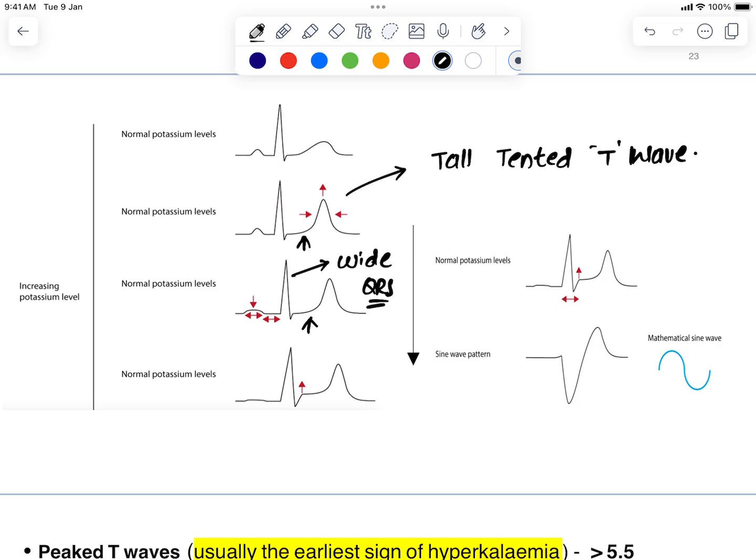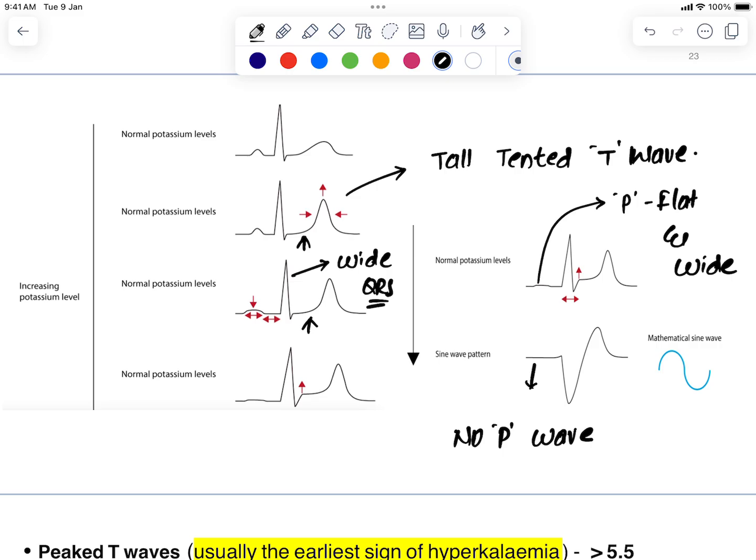What will happen to the P wave? The P wave becomes flat as well as wide. You see this. At one point of time, there is no P wave. The P wave disappears, right? And what will happen to your PR segment?